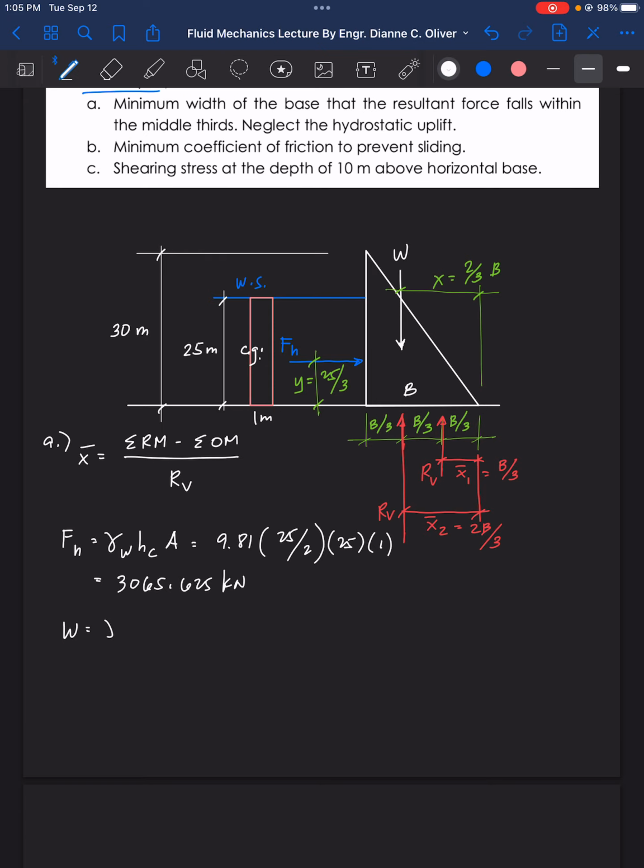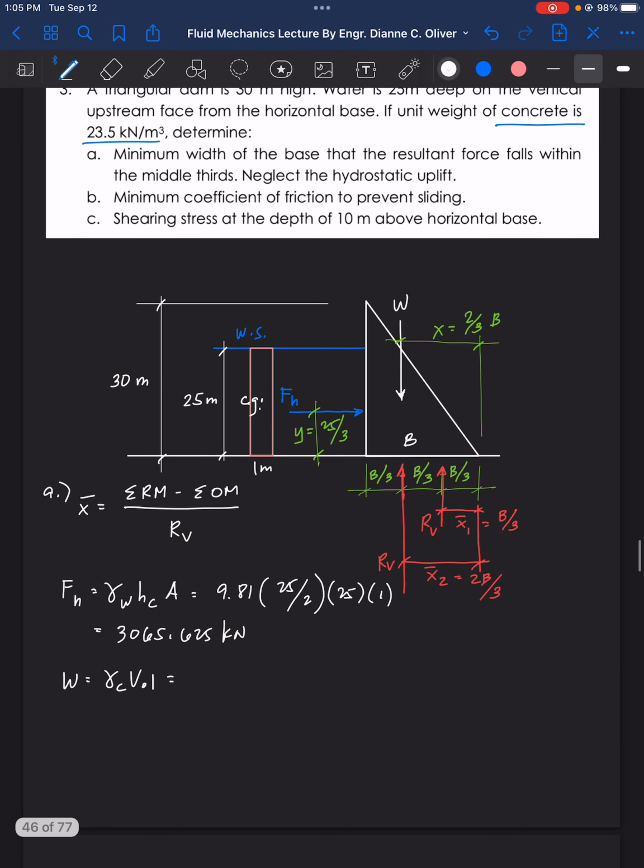How about the weight? Weight is gamma C times volume. Gamma C here is 23.5 kilonewton per cubic meter, and the volume is 1/2 the base times the height. So that is equal to 352.5 B. Now let's compute the OM.